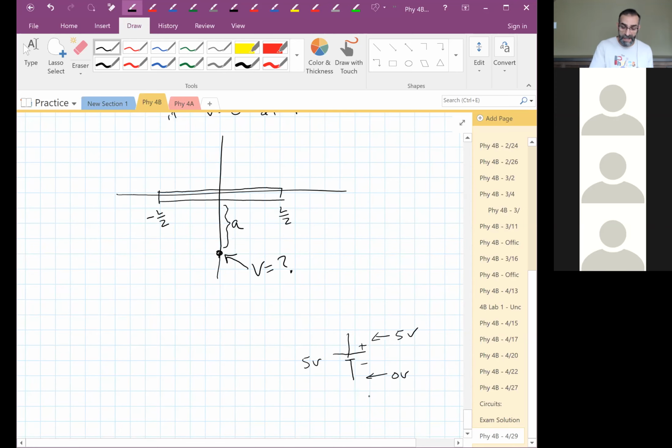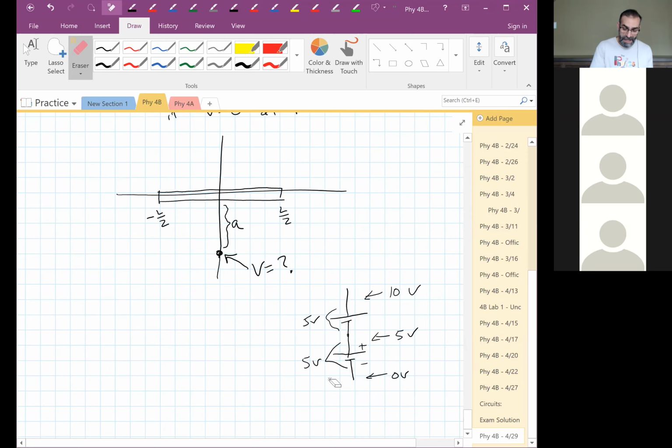If I hook up another battery here, maybe another 5-volt battery, it has to maintain a difference of 5 volts. So if the bottom of that battery is 5 volts, then what is the top going to measure? 10 volts. Because this is a delta of 5 and this is a delta of 5.